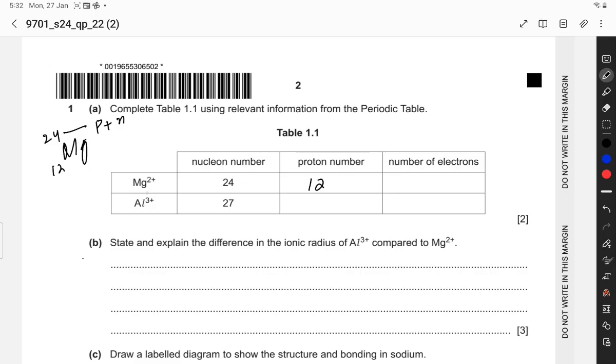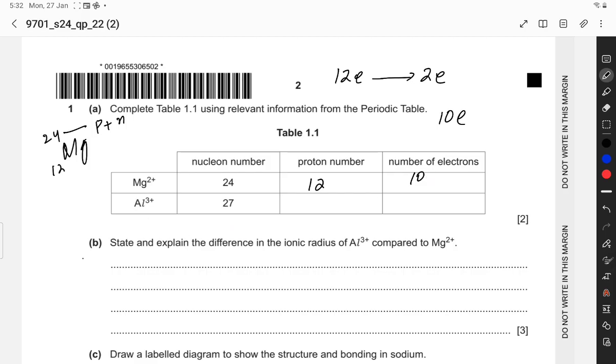Now this is the magnesium ion, positive. If magnesium carries a 2 plus charge, it means magnesium tends to lose 2 electrons. So if magnesium has 12 electrons and 2 electrons are lost, how many electrons are left behind? 10 electrons. So 10 electrons over here.